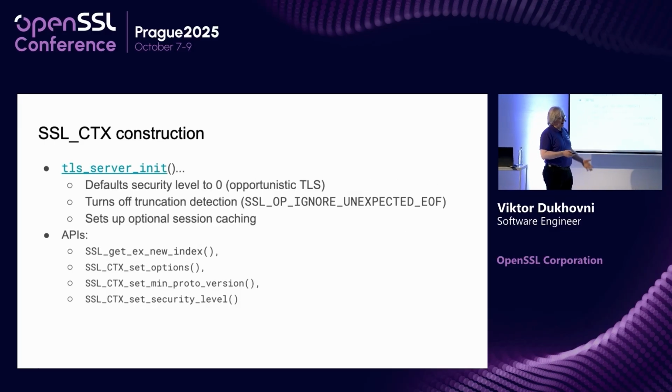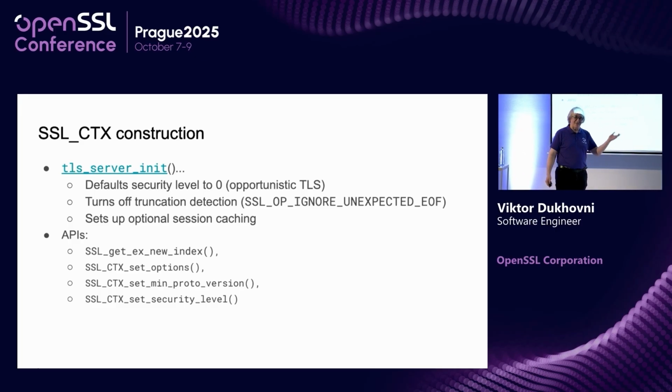Okay, so default security level 0, because we're SMTP and some encryption is better than none. Session caching is a bunch of the work that function does. And because during the TLS protocol we want to be able to find our own configuration in the middle of various callbacks, this is probably something that lots of applications do.